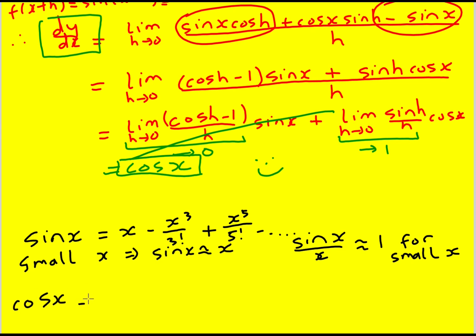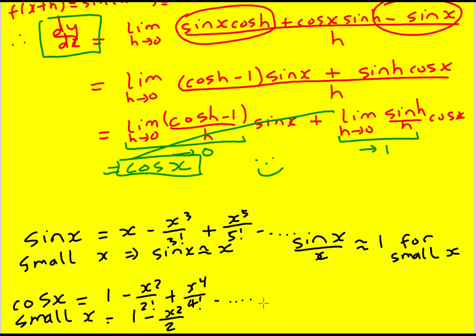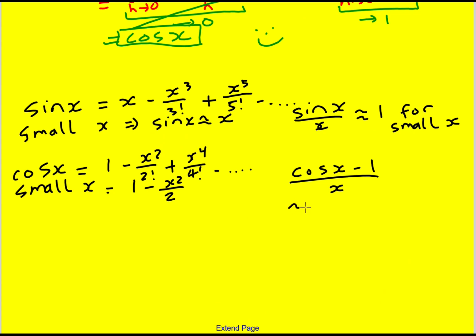Whilst for cos x, it's 1 minus x squared over 2 factorial, plus x to the 4 over 4 factorial, etc. So for small x, we get 1 minus x squared over 2. That's what's typically seen in the formula book. And then if we have cos x minus 1 over x, then this is going to be approximately 1 minus x squared over 2, minus 1, over x.